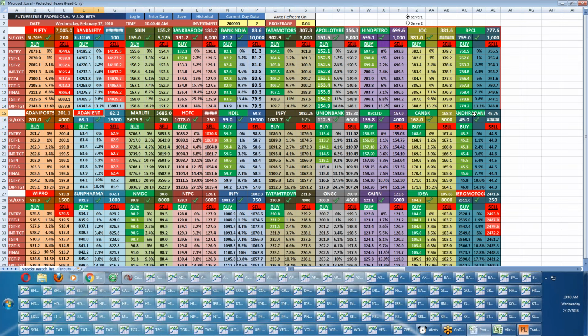So you can just see Andhra Bank has done its final target. HDIL has done its final target.